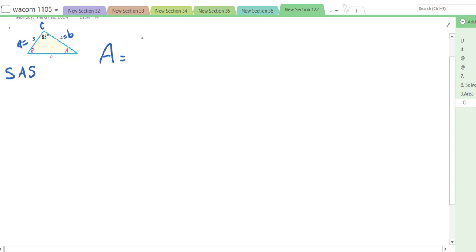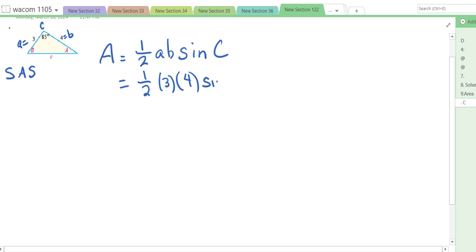Area equals a half the sides that I know, A and B, times the sine of the angle in between. Right? And so then you're just going to plug in a half times side A, which is 3, times side B, which is 4, times the sine of angle C, which is 85 degrees.